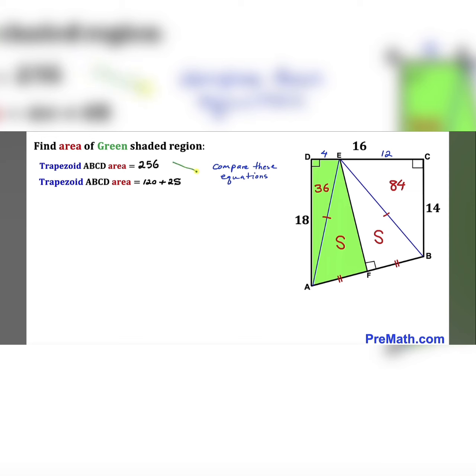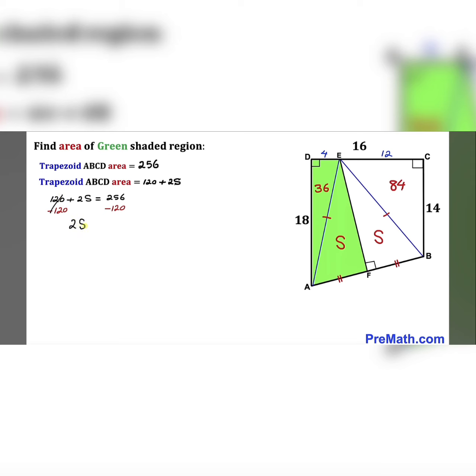And now we are going to compare these two equations since both belong to the area of the trapezoid. So I can equate these right hand sides. Therefore I can write 120 plus 2 times S equals 256. Now let's subtract 120 from both sides. This is gone.